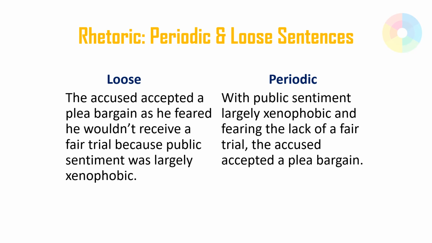The accused accepted a plea bargain as he feared he wouldn't receive a fair trial because public sentiment was largely xenophobic. And the periodic sentence: with public sentiment largely xenophobic and fearing the lack of a fair trial, the accused accepted a plea bargain.